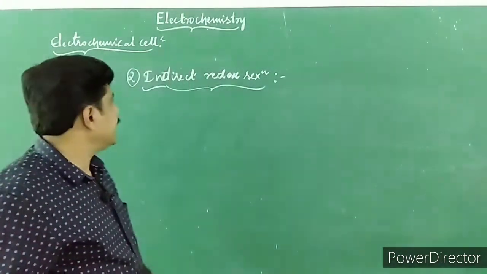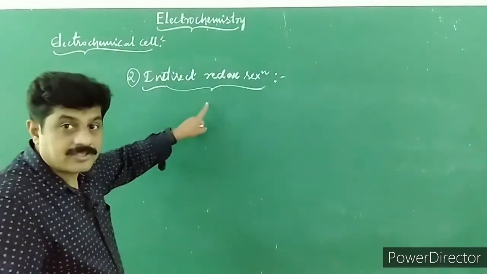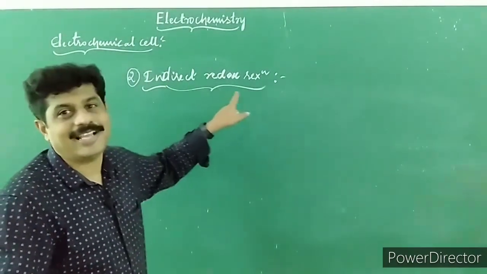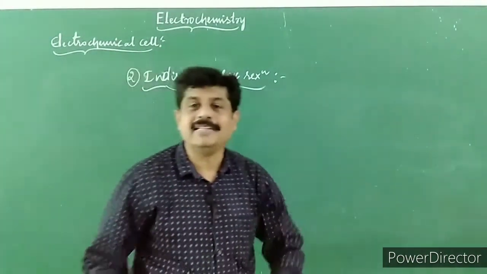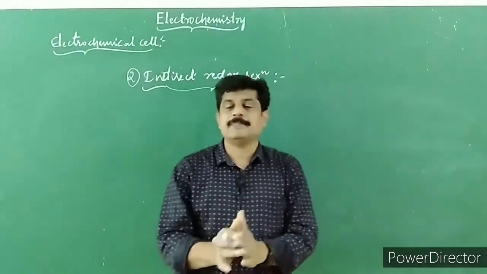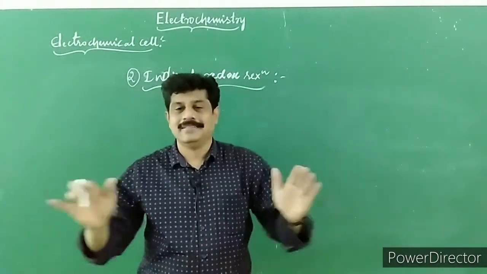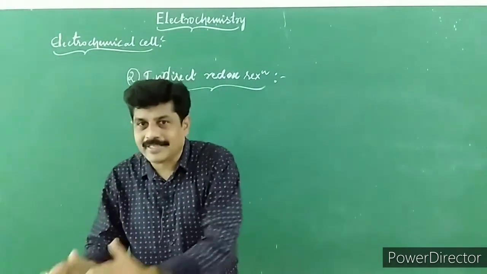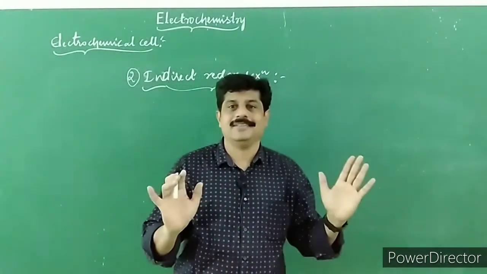Children, let me go for the second type of redox reaction, that is indirect redox reaction. In this type of indirect redox reaction, oxidation and reduction take place in separate containers. That means oxidation in one container and reduction in another container.